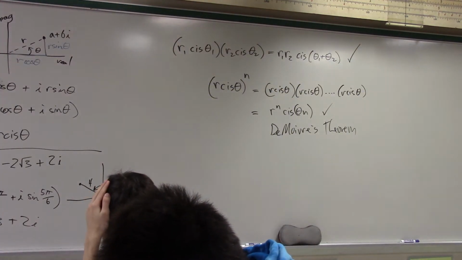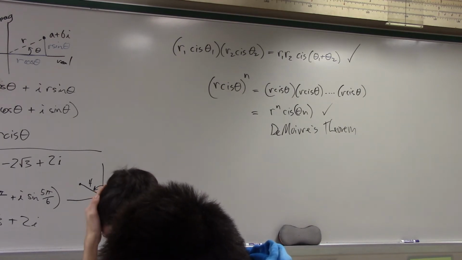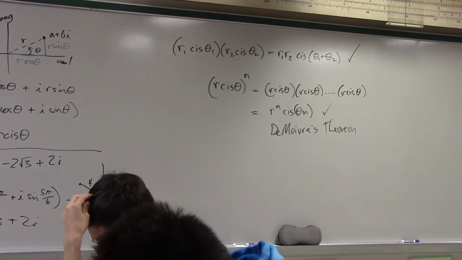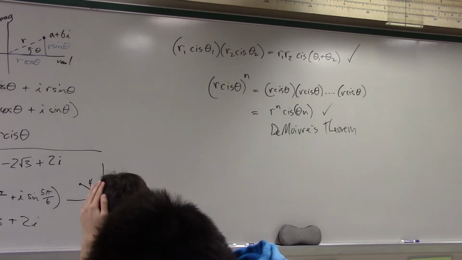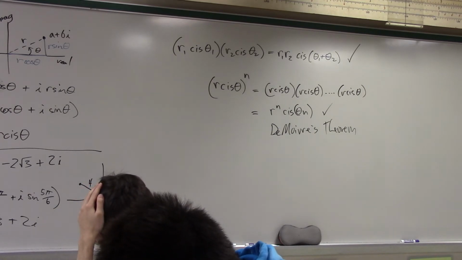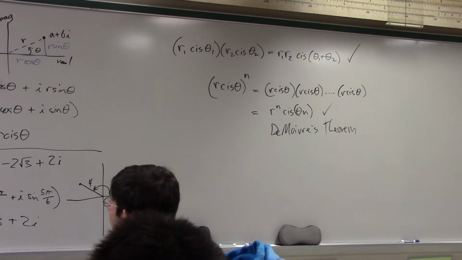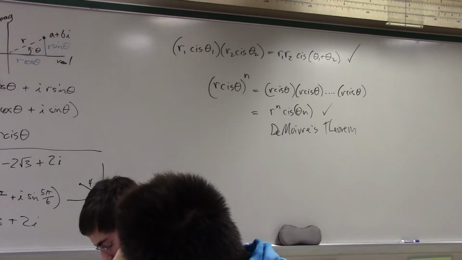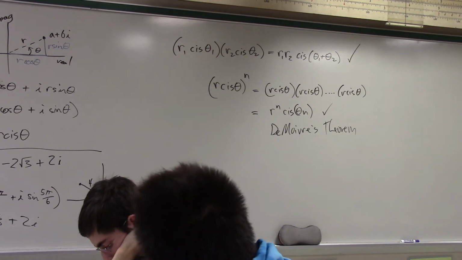Okay, good. So, what do we actually do to solve this problem? I'm doing this for you now because you guys don't remember anything. You represent the number -1 in polar form. What is -1 in polar form? The radius is 1, and the angle is 180 or pi. So this is just cis pi. And this is how I do it at least: I write this in a couple different ways.